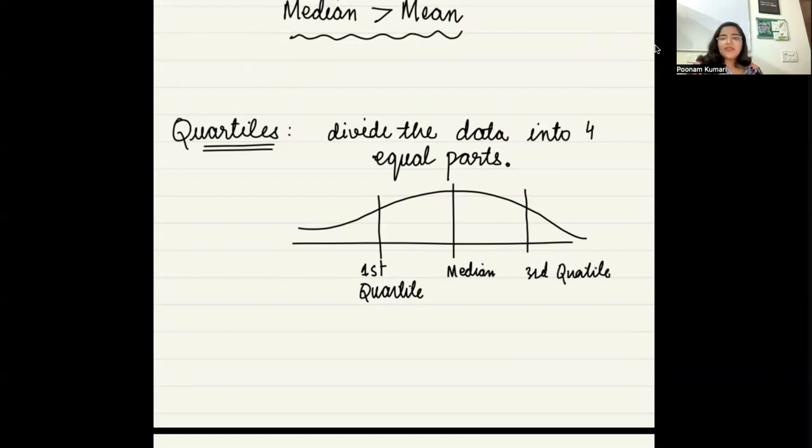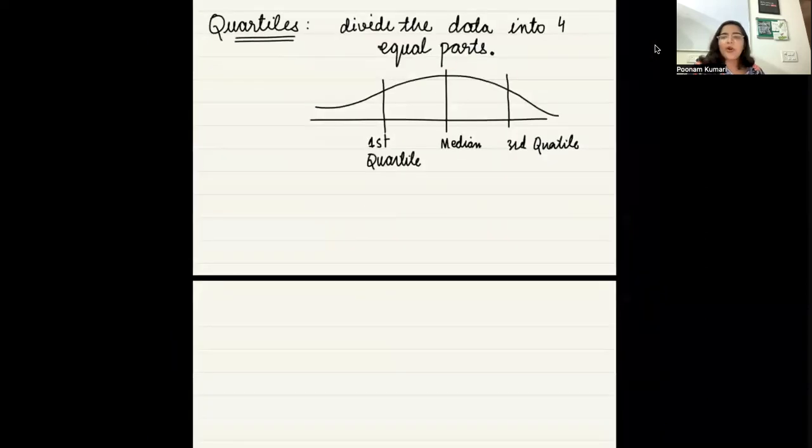So what does a quartile do? It divides your data into 4 equal parts. This is the first part, the second part, the third part, and the fourth part. Is that fine? Yes, ma'am. So this is called quartiles.